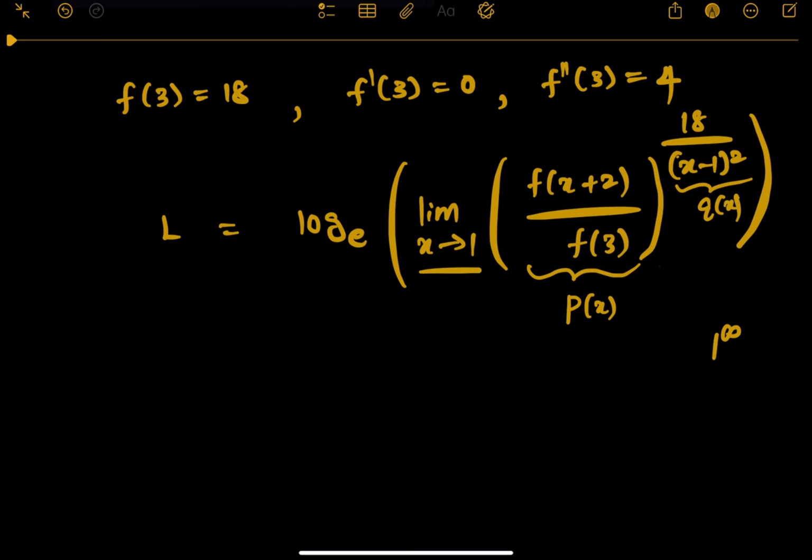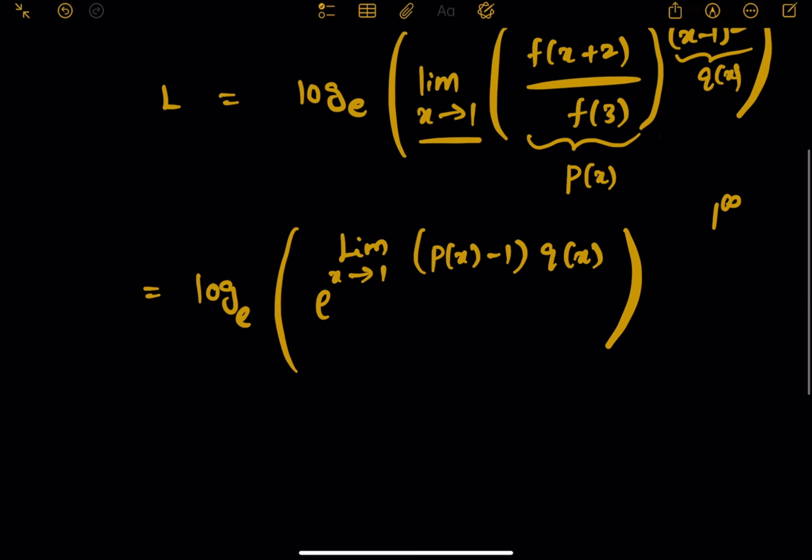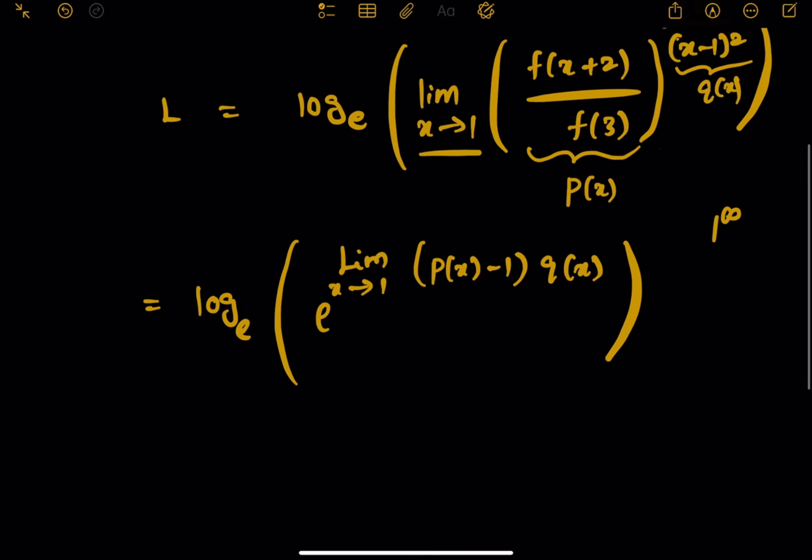If you have the 1 power infinity form, then your limit will be e to the power limit x tends to 1 of (p(x) - 1) multiplied by q(x). Simple.